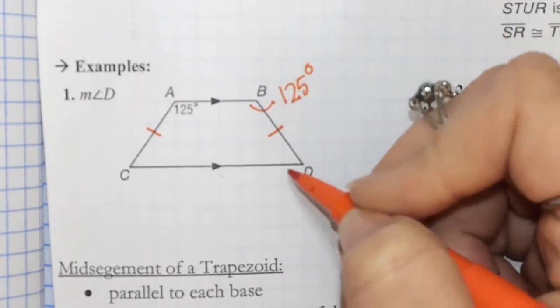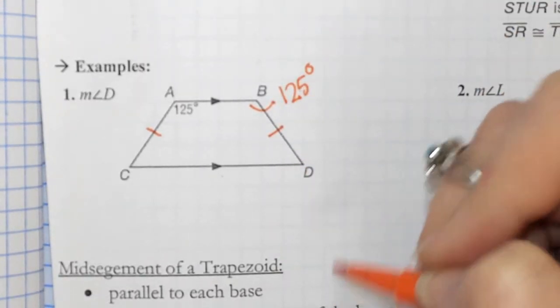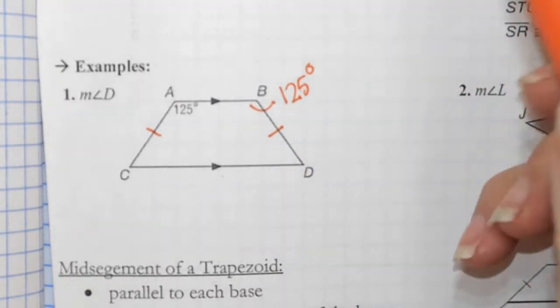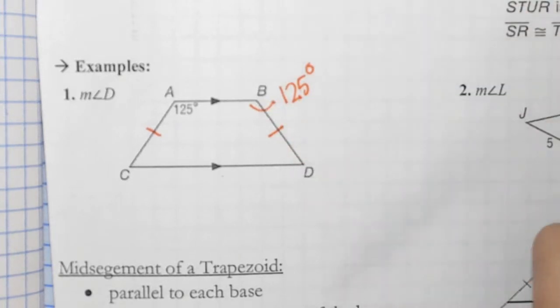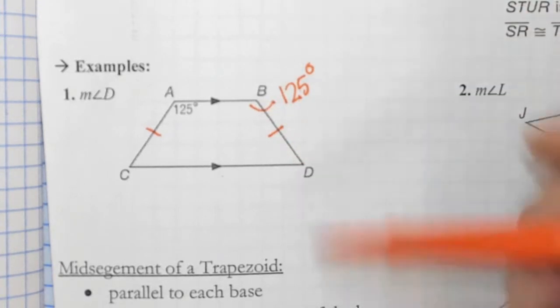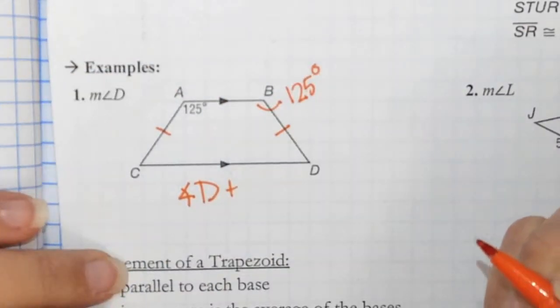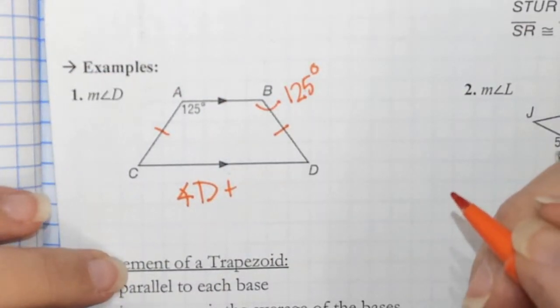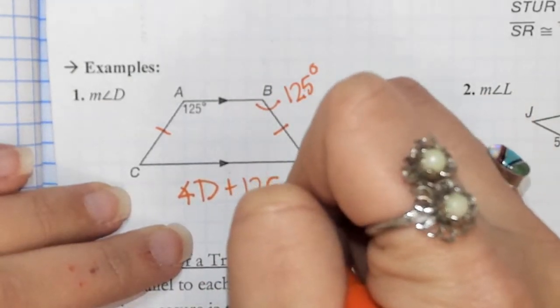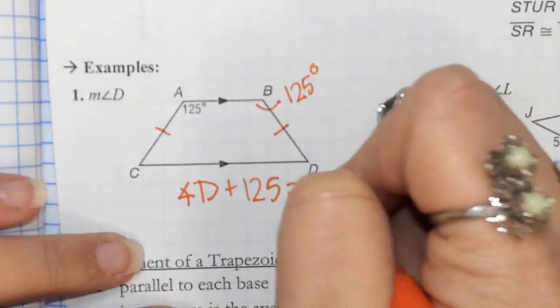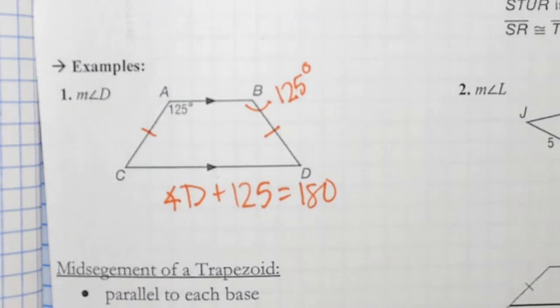Now it asks us to find the measure of angle D. And what do our characteristics at the top tell us about consecutive angles? So we would do angle D plus 125 equals 180.